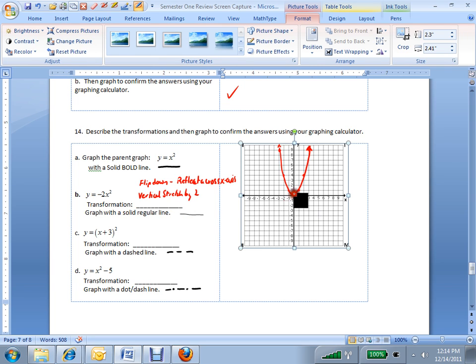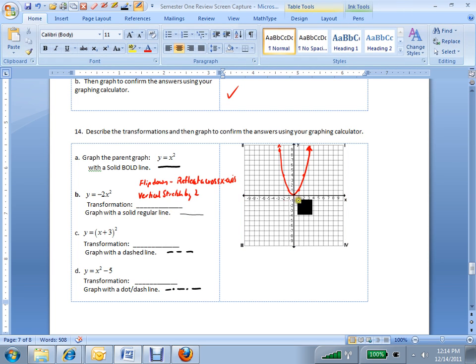So I would still start at 0, but this time I'm going to reflect down. So go to 1, and I'm going to go down 1, but this time I have to also multiply by 2. So down 1, but multiply by 2 gives me negative 2.